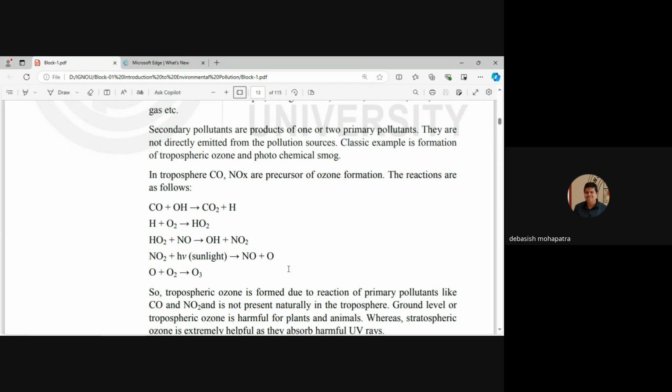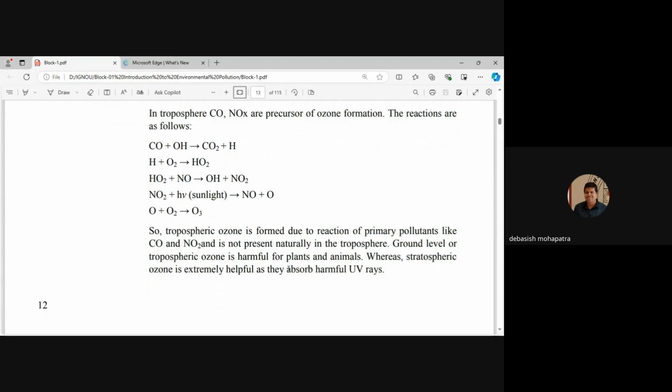Tropospheric ozone is formed due to the reaction of primary pollutants like carbon monoxide and nitrogen dioxide, and it is not naturally present in the troposphere. The ground-level or tropospheric ozone is harmful for plants and animals, whereas stratospheric ozone is extremely helpful as it absorbs harmful UV rays. When ozone is in the lower layer, it is harmful to us.